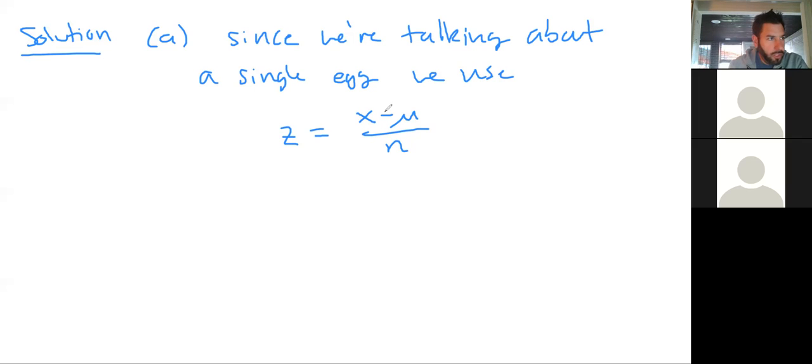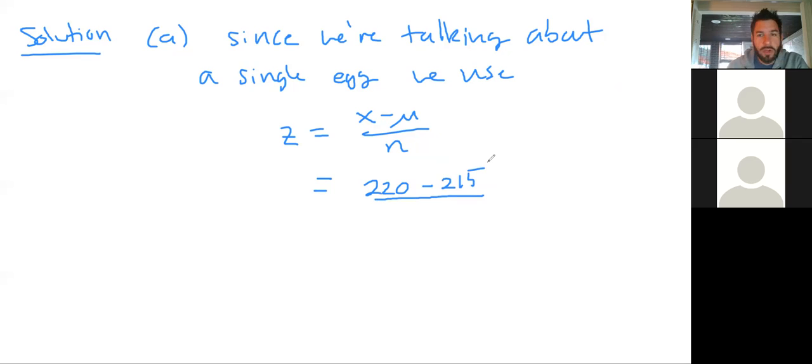So we can just plug these values in now. What was our mean? So let's just plug it in. This is X. We're interested in 220. The given mean, our population mean, was 215.